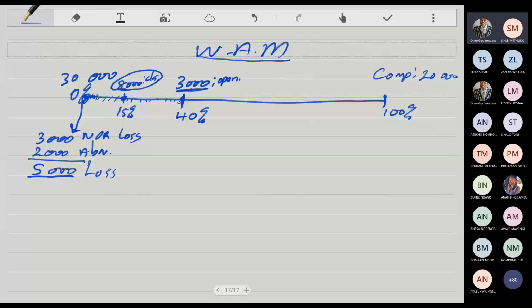And because of these activities, with your new units, it's no longer 30,000 units because you've lost 5,000, you've got a closing that you've left at 15%, you've got only 17,000 in your hand. You add then the 3,000 units, that is your opening. That gives you how many units? 20,000 units. 20,000 units. Is that clear now?